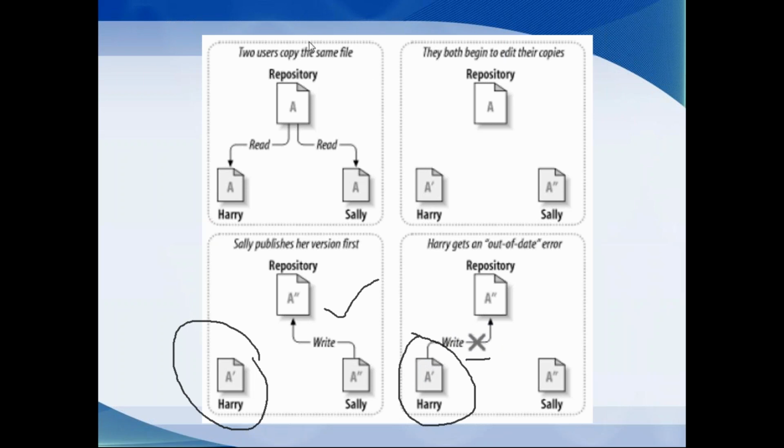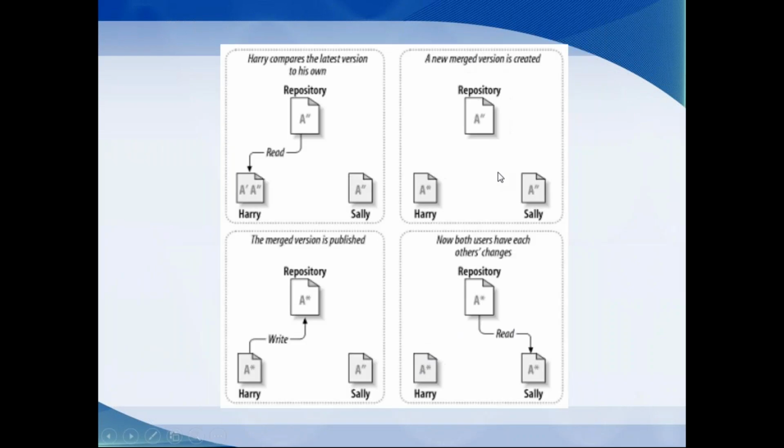Right. In that case, he has to read the file again. It says Sally already committed, so whatever version you have on your local machine is not updated, because the actual file in the repository has already been updated by Sally. So Harry has to update that file. So he has both changes, a single quote and a double quote.